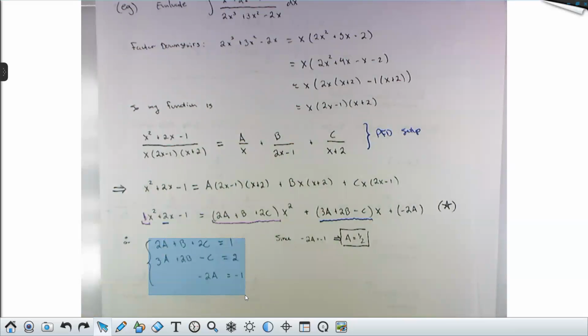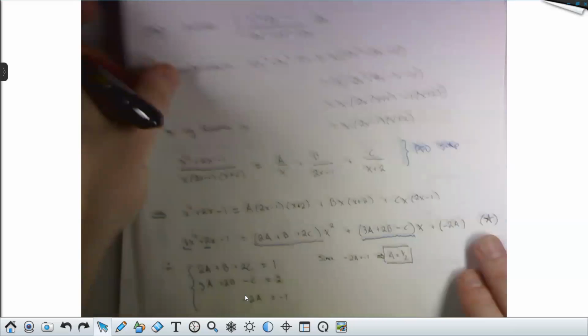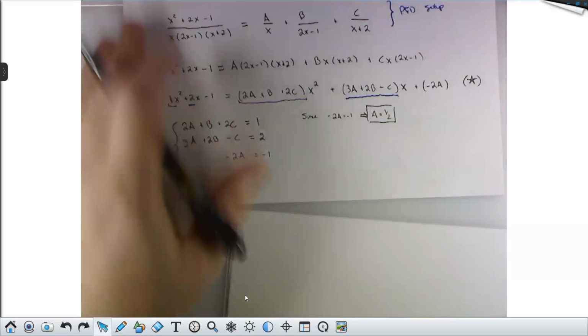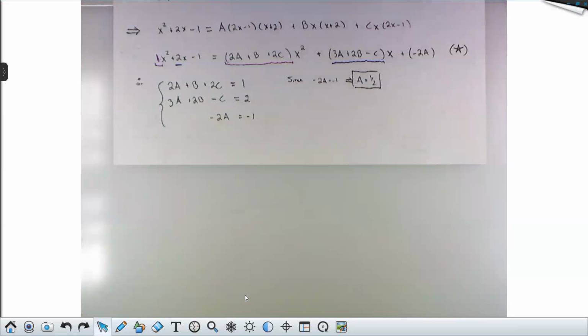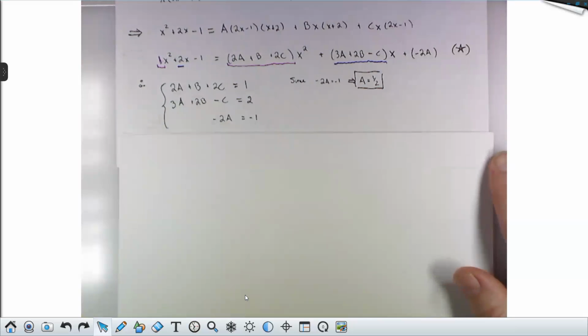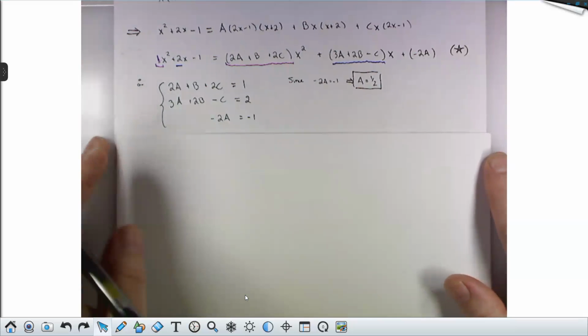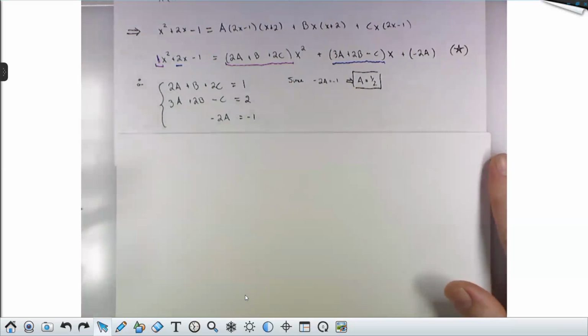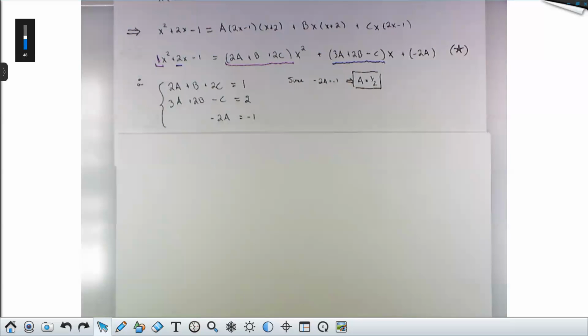How do I solve this linear system? Who can help me? We're all going to die unless we solve this linear system. How do we solve it? We're not all going to die, but... Plug in a. We can plug in the a, sure.